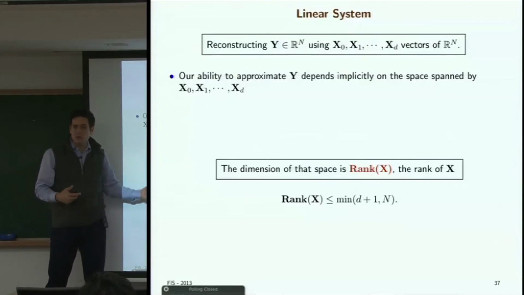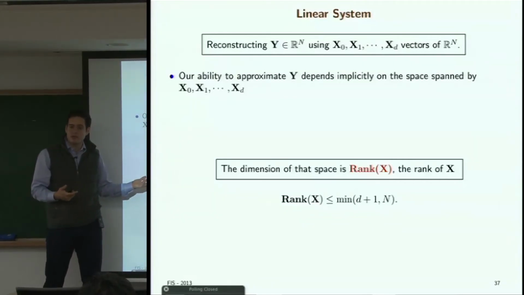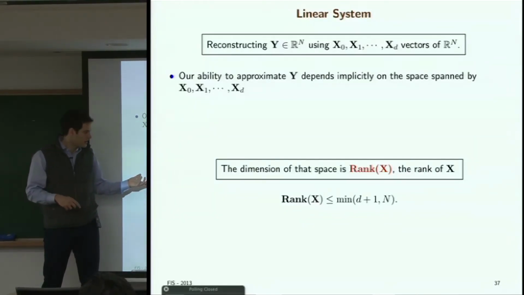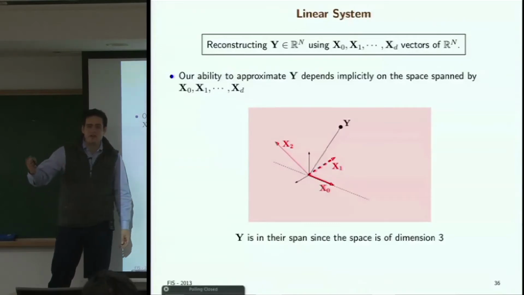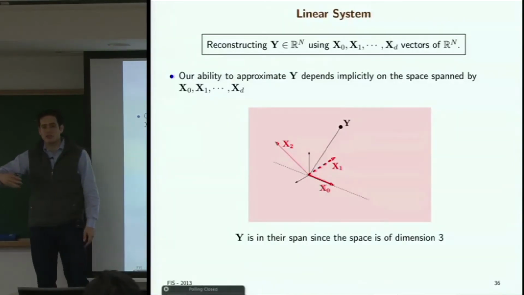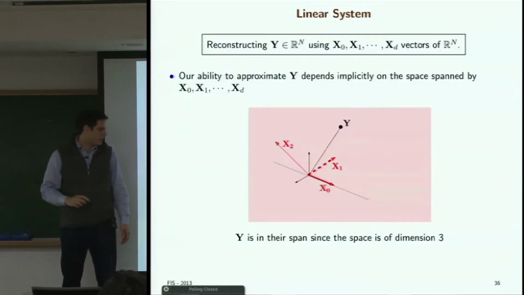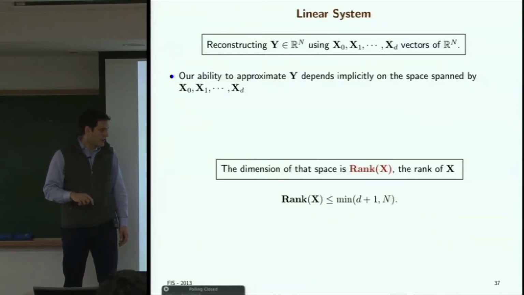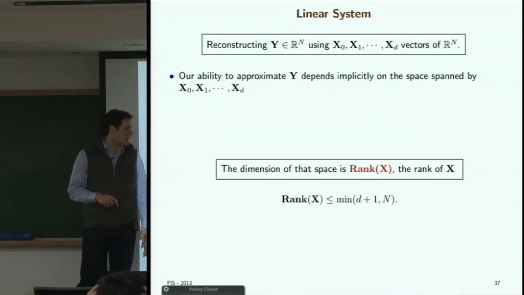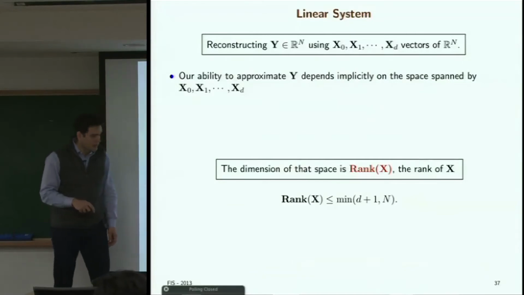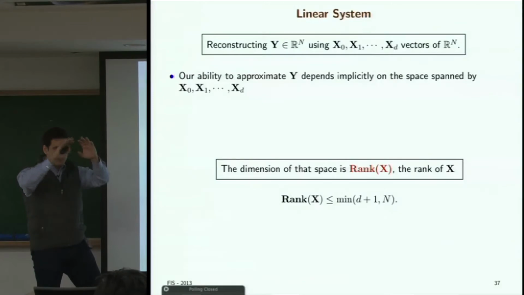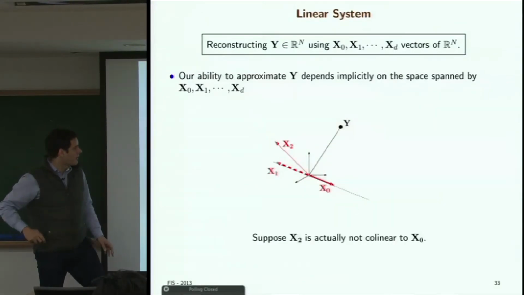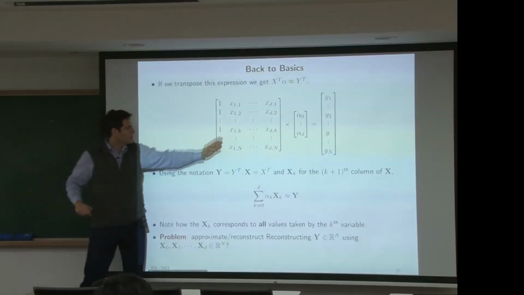So the thing that will probably be the most important here is the size of this linear span. Is it 1? Is it 2? Is it 3? Of course, if I have 100 variables, it could be up to 100, right? So the dimension of that space is the rank of X. Okay, remember that this bold X is this big matrix where each column is a variable.